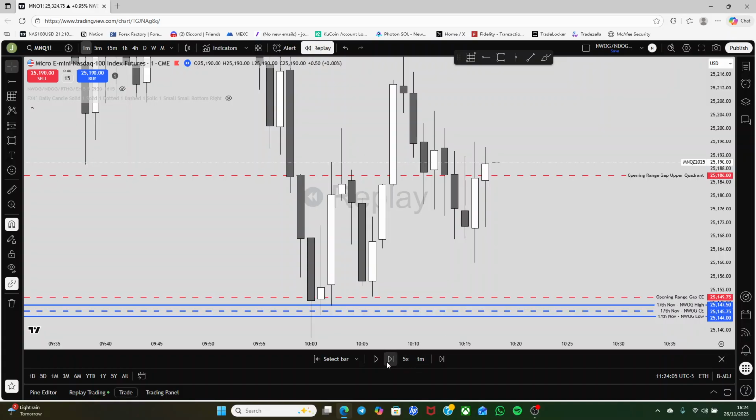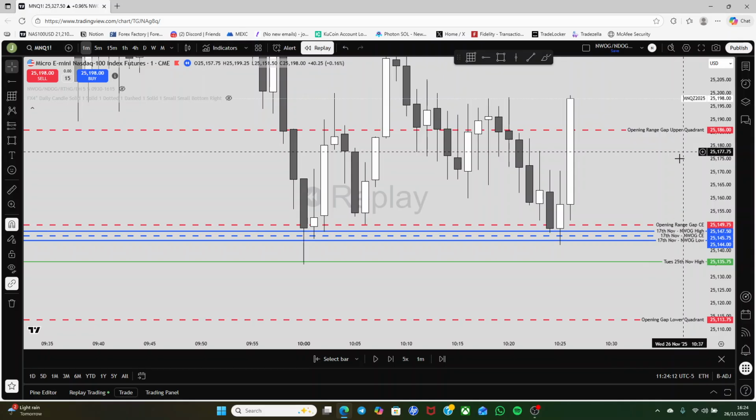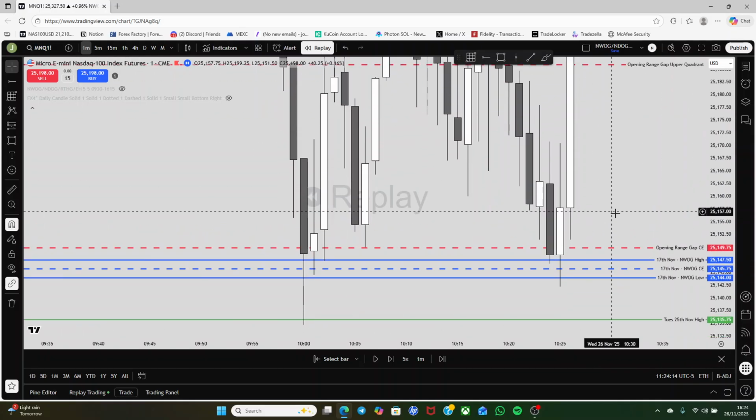back towards the new week opening gap from the 17th of November and the opening range gap midpoint.